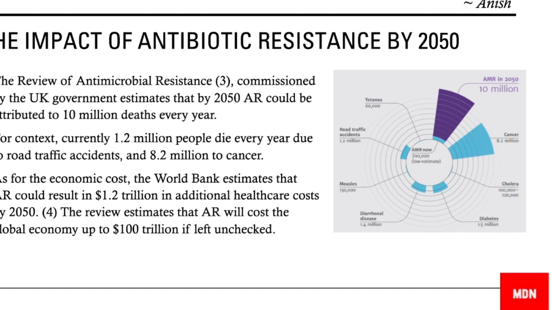From the graph you can see on the right, for context, currently 8.2 million people die each year to cancer and 1.2 million to road accidents. As for the economic projections, the World Bank estimates that antibiotic resistance could result in 1 trillion in additional healthcare costs by 2050. And the review estimates that it could cost the global economy up to 100 trillion if left unchecked.